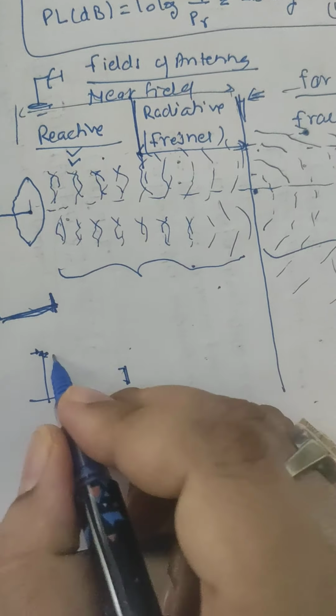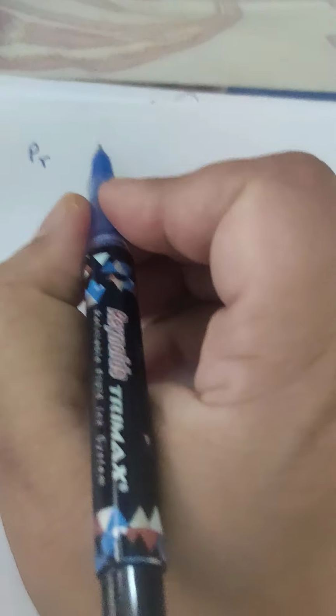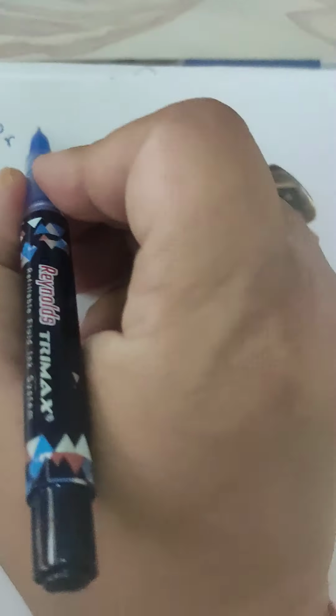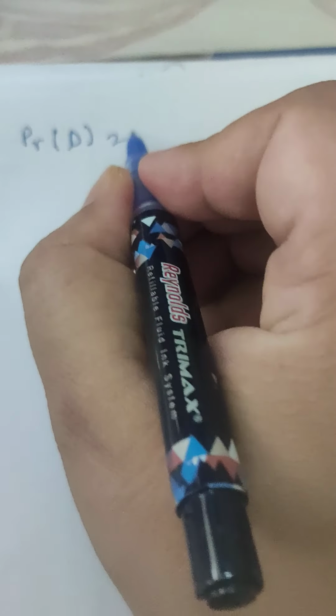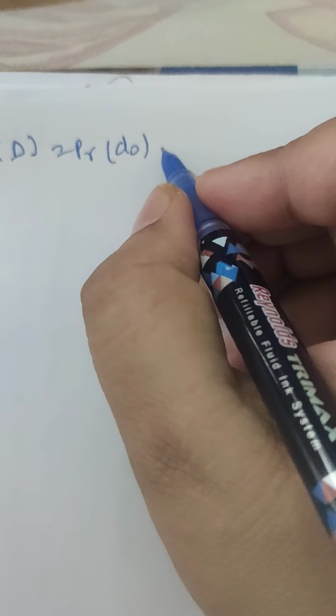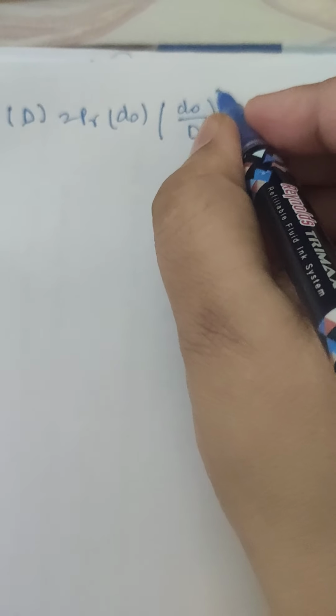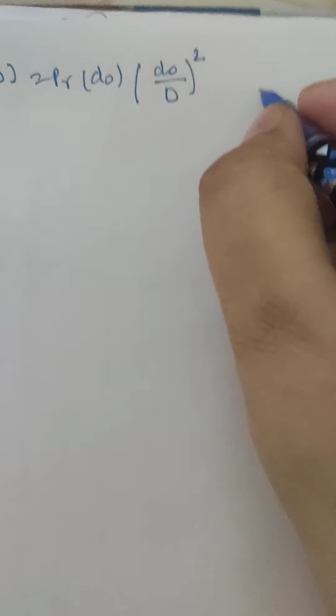So for this we have the equation: the received power at distance d is given by P_R equal to the received power at the reference distance d0, multiplied by d0 over d, the whole squared.